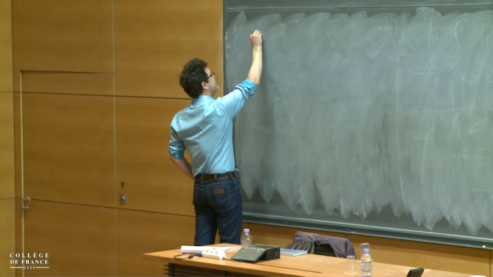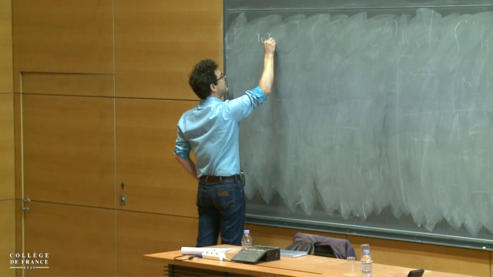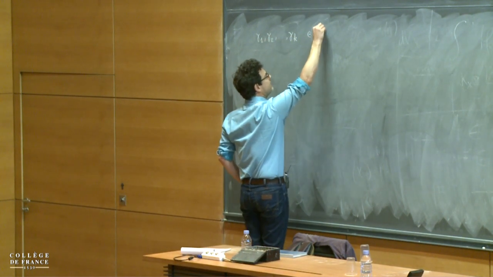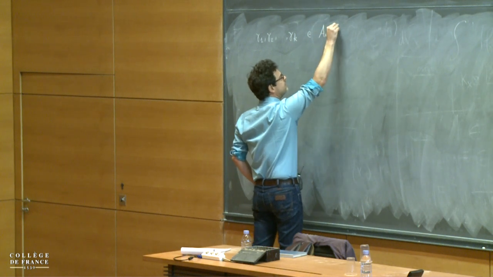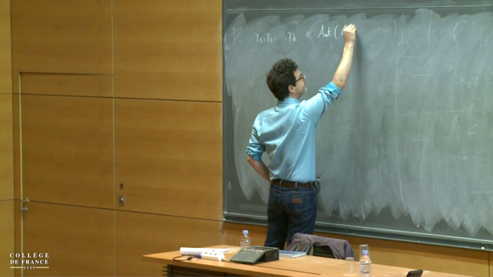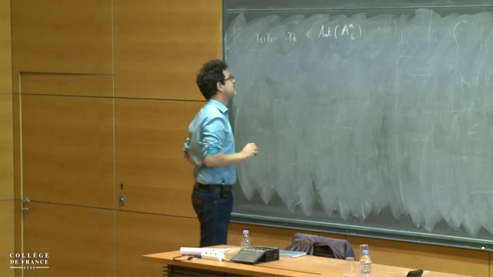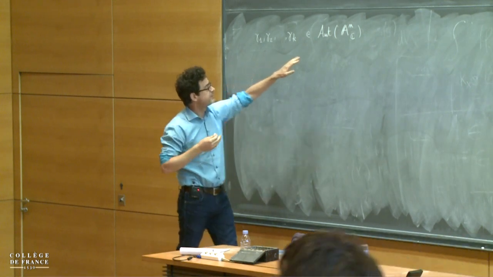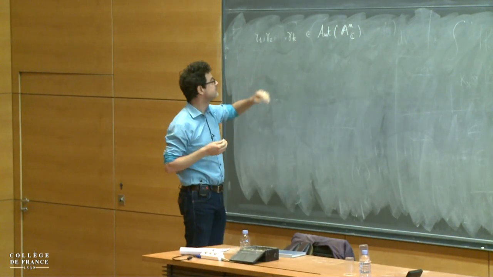So you take gamma 1, gamma 2, gamma k, which are regular automorphisms of the affine space, let's say over the field of complex numbers. So you just have a finite number of polynomial transformations of the affine space with polynomial inverses.